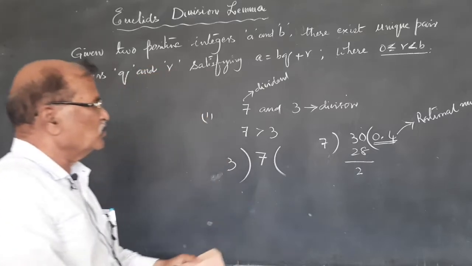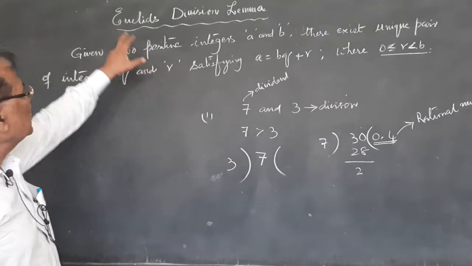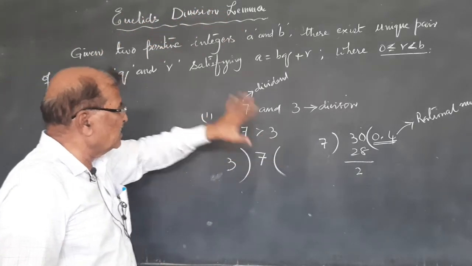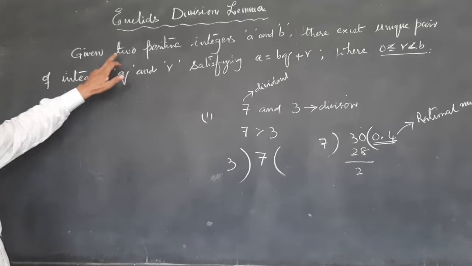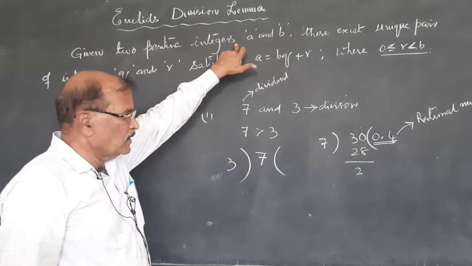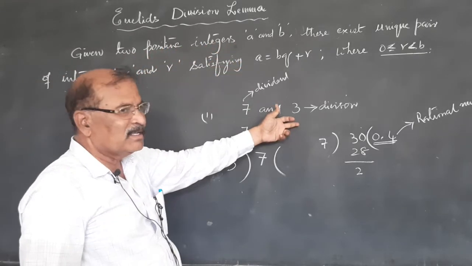Now let us go to Euclid's division lemma based on all this. There are two positive integers like 7 and 3.